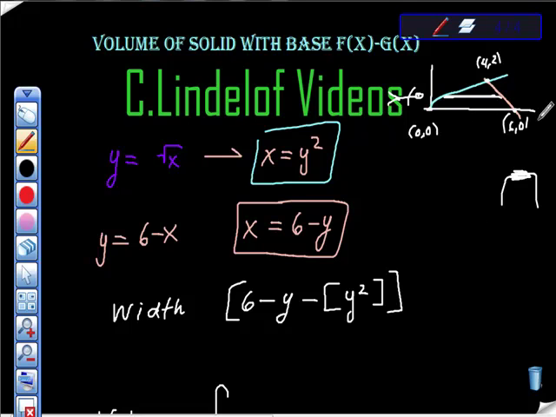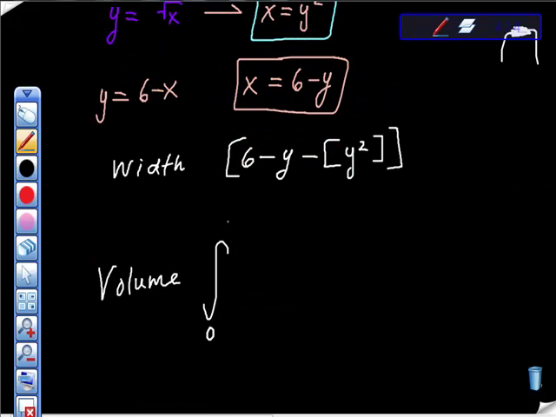So it goes from y is 0 to y is 2. It's going this way, so our interval is based on the y value, 0 to 2. Of what?